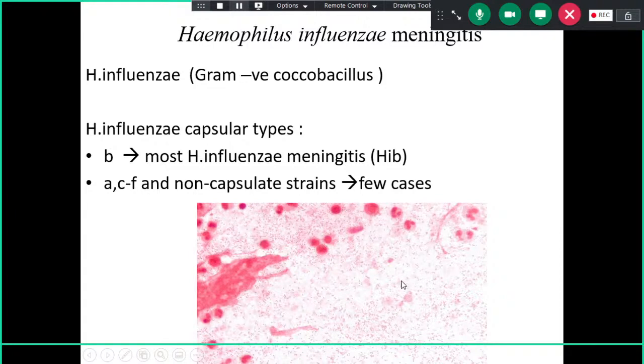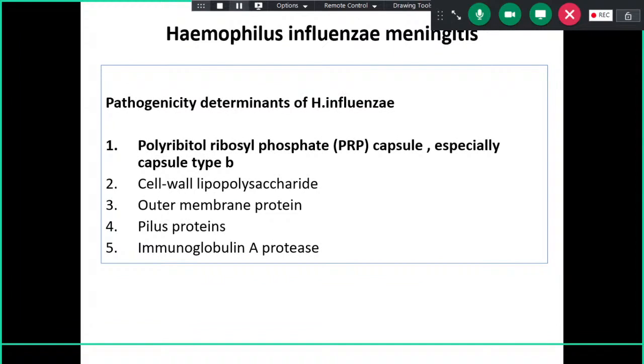If you see very small sand-grain appearance gram-negative bacteria in the gram stain, you will know that this is Haemophilus influenzae. Of course, you need other biochemical tests to identify the organism. This organism has an extensive virulent capsular polysaccharide called polyribosyl ribitol phosphate.